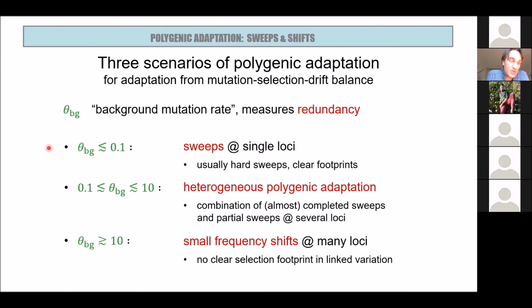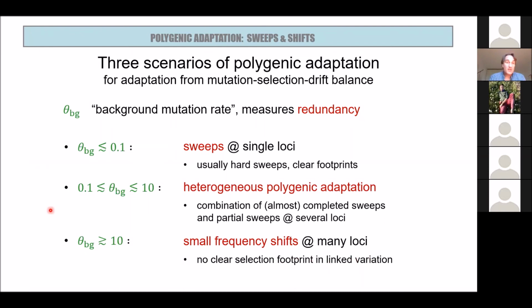So traits can still adapt over large distances, then we need a lot of sweeps, but they will occur as clearly visible sweeps with clear footprints. On the other hand, if this theta background is larger than something like 10 or so, then we get small frequency shifts at many loci, no clear selection footprint in the variation.